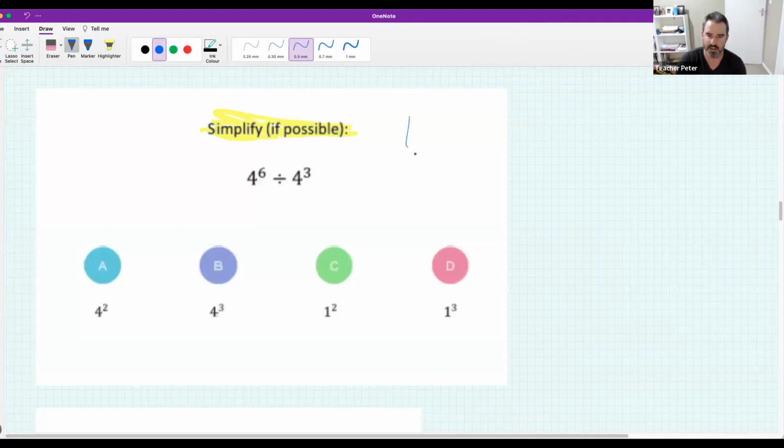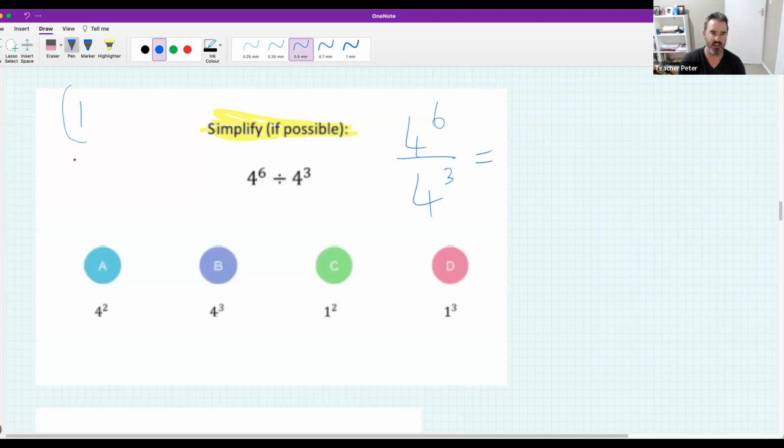For some students, they might like it more if I wrote the question like this. But it means the same thing. Okay, I suppose you guys can see this. So tell me, which law is this?